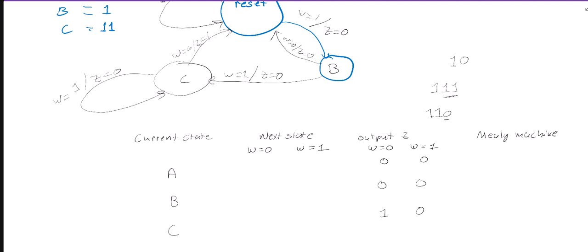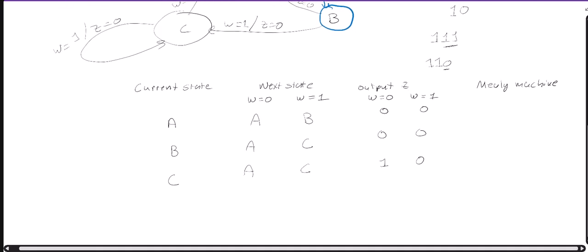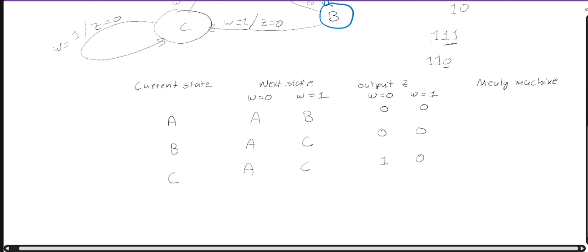For state A, if I get a 0, I go back to A. If I get a 1, I go to B. If I'm in state B and I get a 0, I go back to A. If I get a 1, I go to C. If I'm in C and I get a 0, I go back to A. And if I get a 1, I stay in C. So there is my state table.